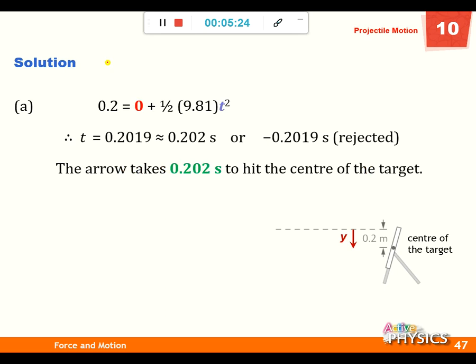After that, you should have 2 roots, but one of the roots is negative. You can reject it. Then you can see that the time for the arrow to move down to the same level as the target should be 0.202 seconds.